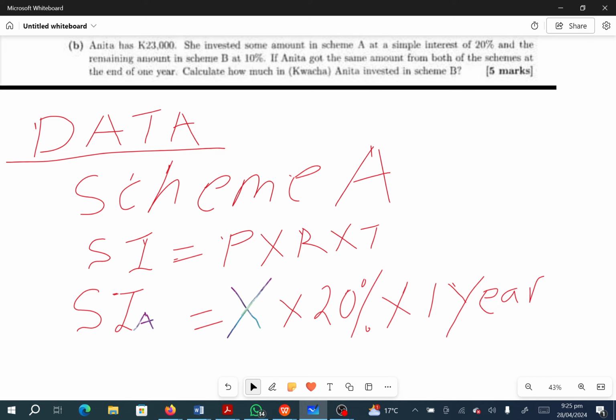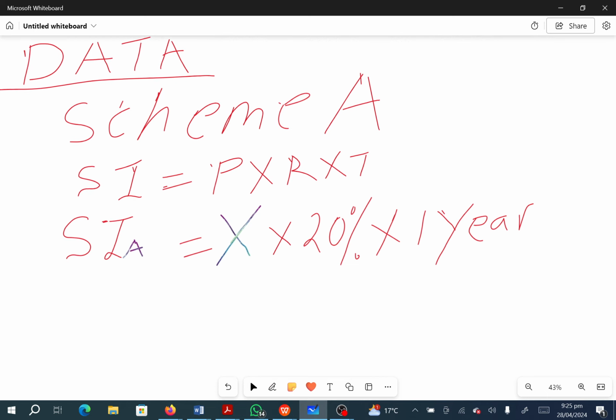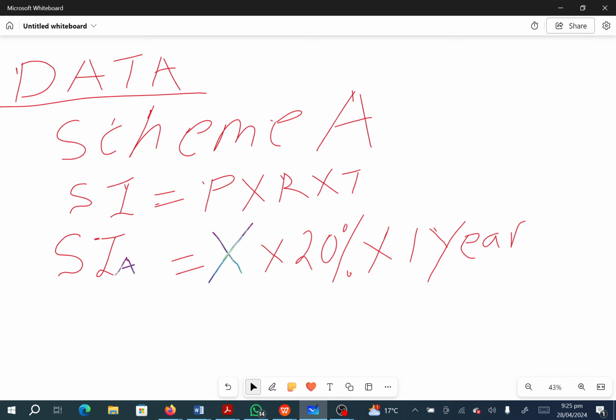So now I was gathering data here, saying that from our formula PRT, the principal amount we don't know, and that is what we are also looking for. We only know that Anita had 23,000 and she decided to invest in 2 schemes.